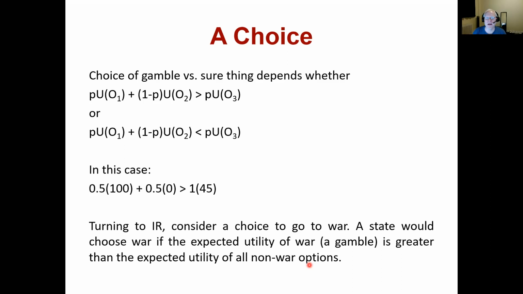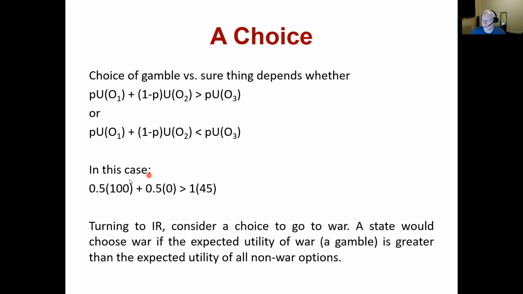There may be other options of trying different forms of diplomacy, economic sanctions, stuff like that, all with their own expected outcome. We expect a state to only choose war if, when we combine all the different probabilities, outcomes and utilities for each of the different options, war's expected utility is higher than all the other options, right?